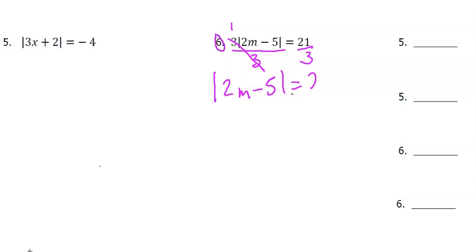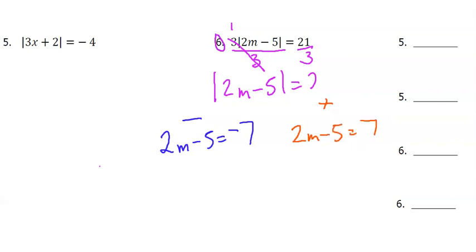Okay, now you have your isolated absolute value equation. Set up your two pieces. Your negative piece would be 2m minus 5 equals negative 7. And your positive piece would be 2m minus 5 equals positive 7. Solve for m for each equation.